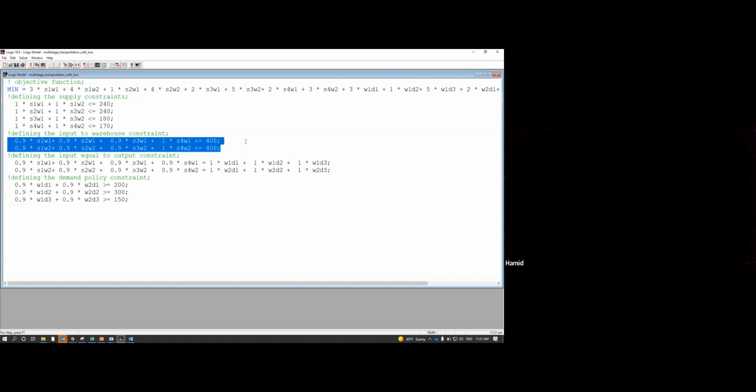Here you should care about your loss, because not everything will reach the warehouse. So just 0.9, or 90%, of each flow would reach the warehouse. But again, the capacity is 400. No matter how many you lose, you shouldn't store more than 400. And the same for the second warehouse: you might lose a portion of your cargo, but you cannot store more than 400.